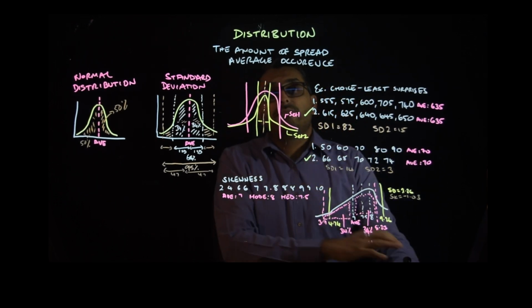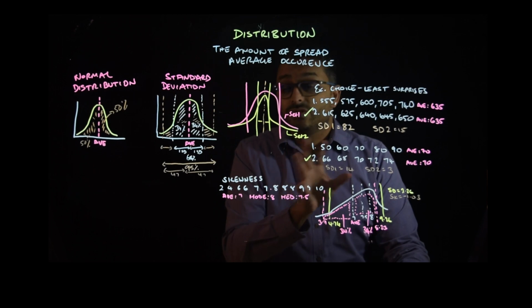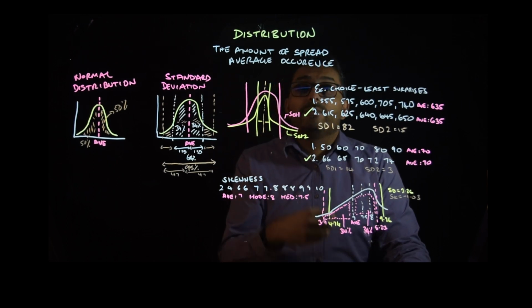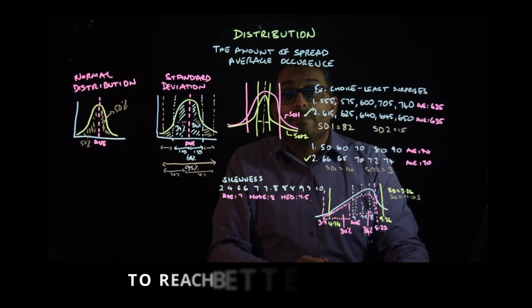Now, this isn't a maths tutorial, so I haven't presented any formula for working out standard deviations or skewness. What I am trying to do is present the concept so that we can use this mental model to reach better decisions.